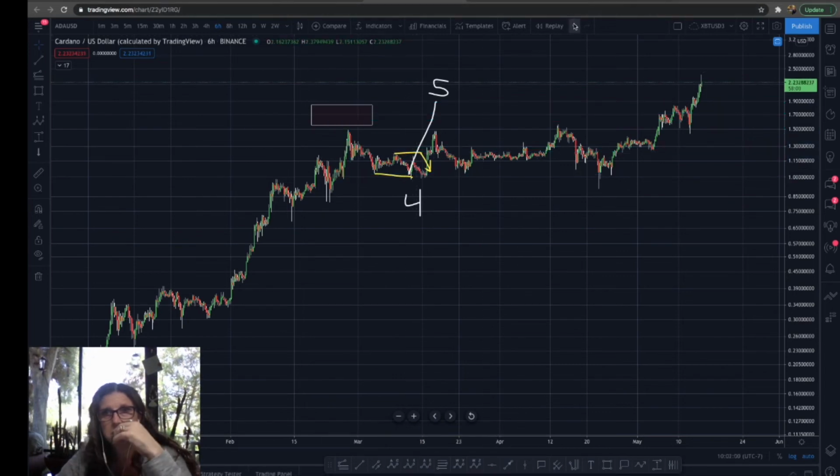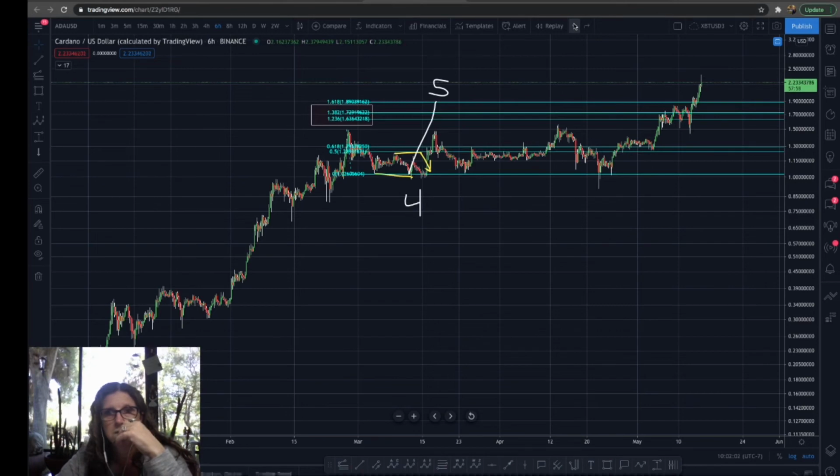Okay, so we've broke over the expanded B pocket now, okay? But it did hit it. In the middle here, we have an A, a B, and a C that came up into the pocket. And this is an A, a B, and a C. And that's how we ended there, okay?